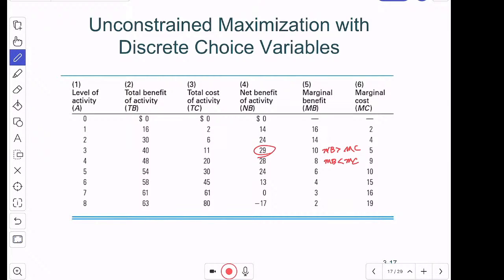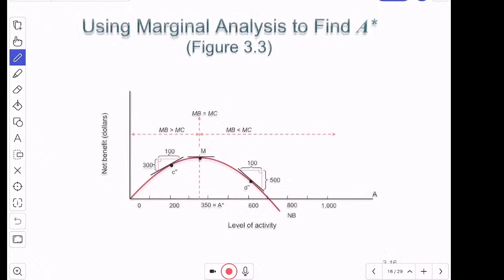Okay, so those are discrete choices where you don't have a curve. You can't have fractions like in this curve. I could have any amount of production along this curve. So that would work for commodities like rice, where you can weigh it in fractions of a pound or kilo. Yes, marginal benefit equals marginal cost is also where you have the optimal net benefit.